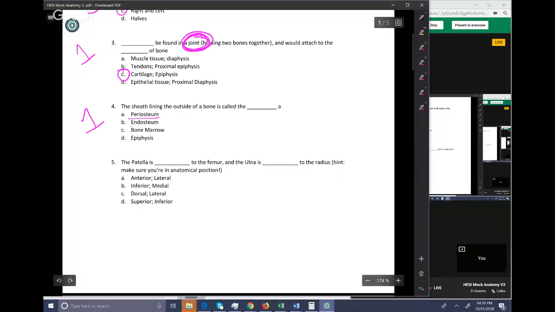If you didn't, you might have remembered that peri is a prefix that means out, outermost, or outward. And that helps because you know that endo means inner. So the endosteum would line the inside of the bone, not the outside of the bone. And they said outside.